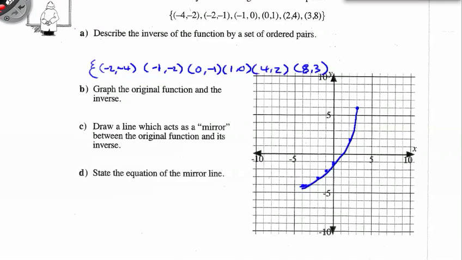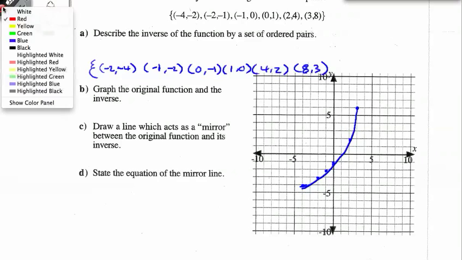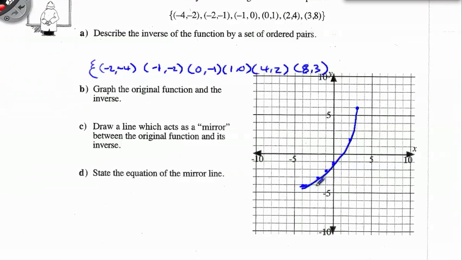So, using red, we will plot -2, -4. -2, -4 is here. We have -1, -2. We have 0, -1.